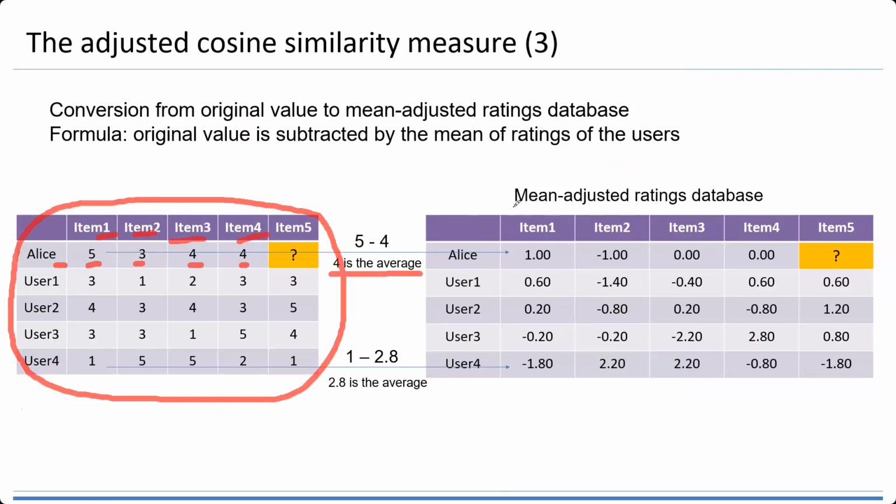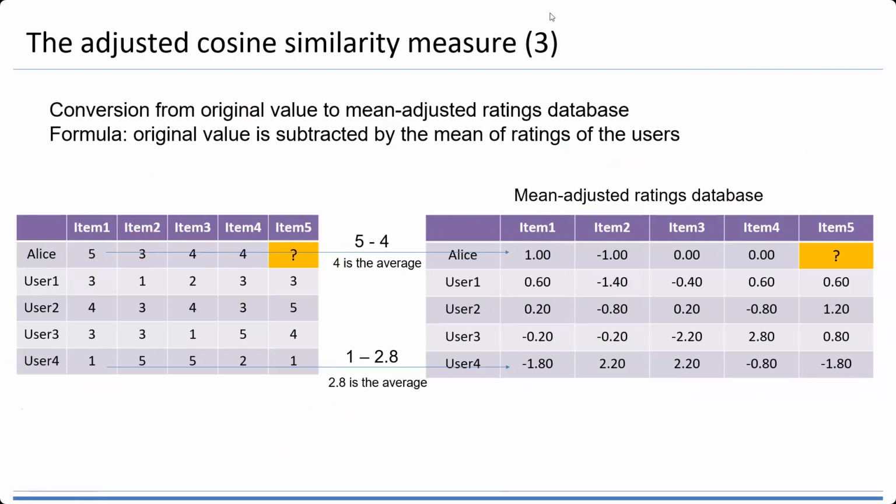In order to get the mean adjusted rating database, I will subtract the average from every value here. 5 minus 4 will be 1. 3 minus 4 will be minus 1. 4 minus 4 will be 0. 4 minus 4 will be 0. So we call this the mean adjusted rating.